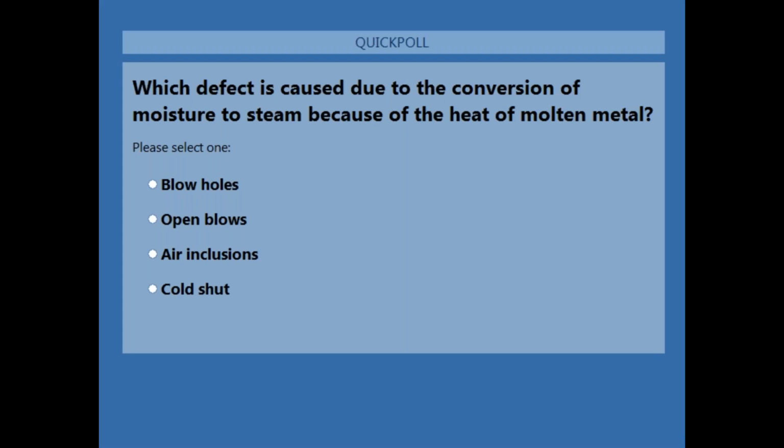Which defect is caused due to the conversion of moisture to steam because of the heat of molten metal? We have already reached 40% votes. I request all members to vote at your earliest.